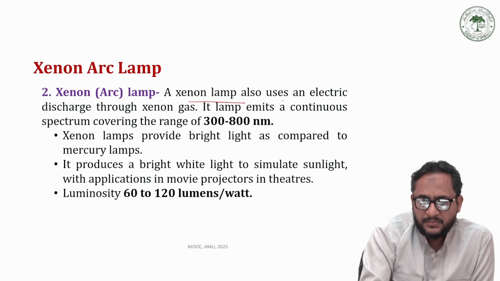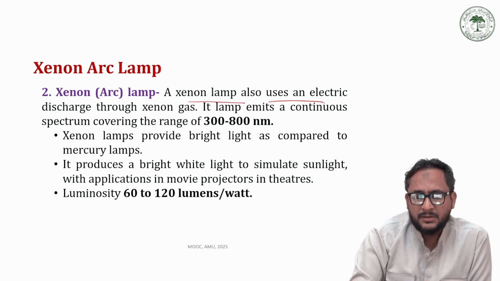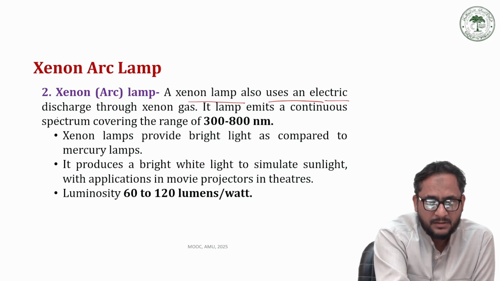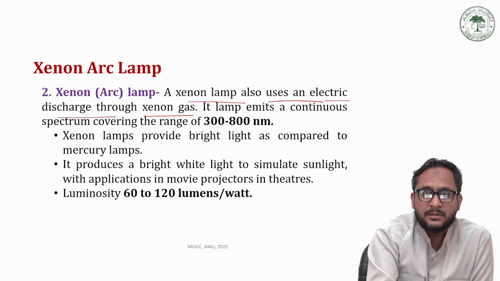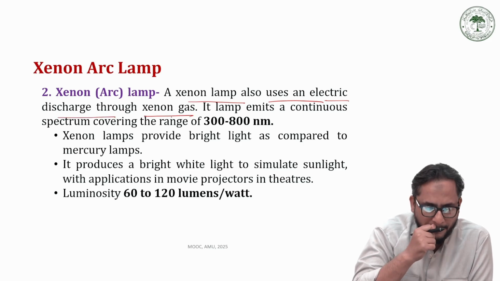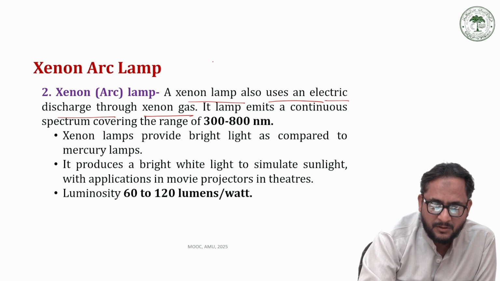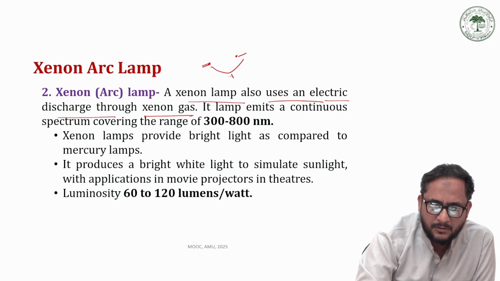A xenon lamp basically works on the same principle. It also uses electric discharge through xenon gas instead of mercury in vaporized form. They also have two electrodes, which are made of tungsten.